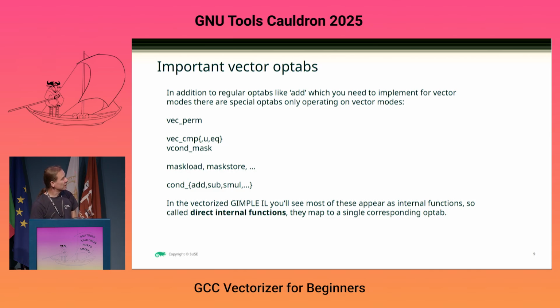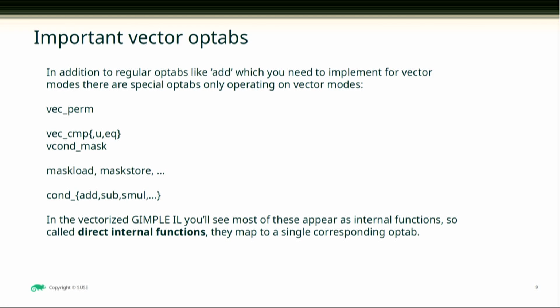There are quite a bunch these days of instruction patterns that are not of the standard kind that are also implemented for regular scalar integers. For example, we have separate patterns for vector compare. They are separate because they produce the previously mentioned mask mode as a result, right?